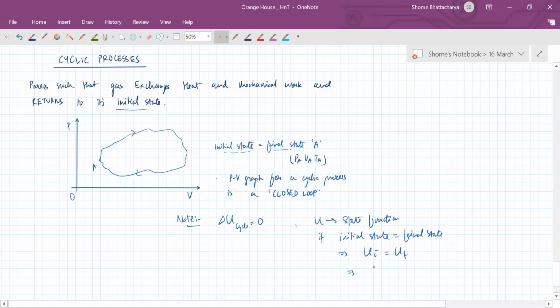So delta U must be zero. Therefore, Q for a cycle is equal to W for a cycle. That is, the net heat given to the gas is equal to the net work done by the gas during the cycle.